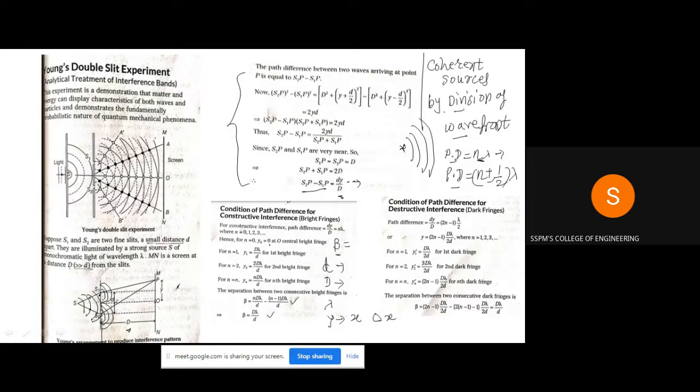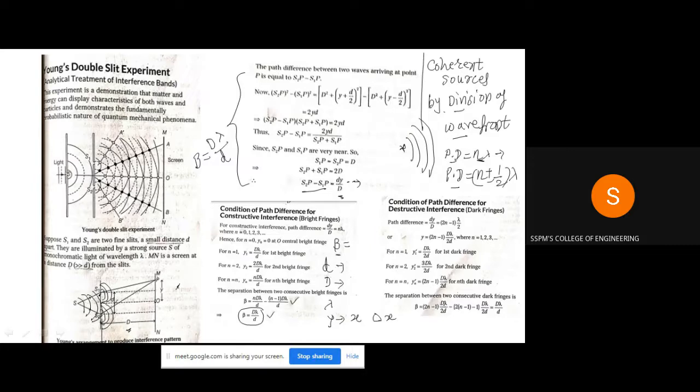So there is a formula you have to remember. Fringe width in case of Young's double slit experiment can be given as beta equals D lambda upon d. Then the separation between two successive bright fringes and two successive dark fringes.